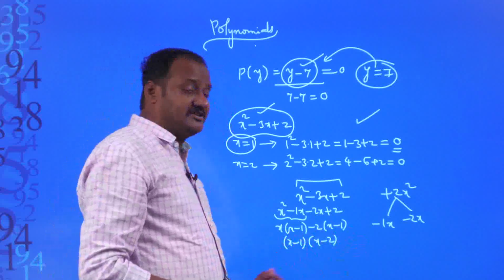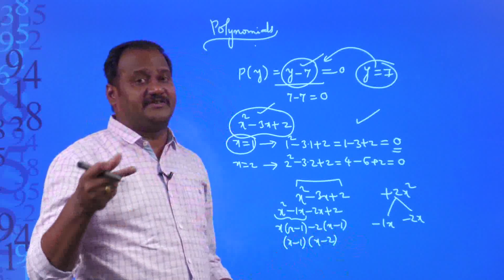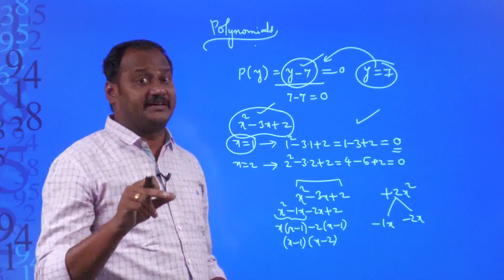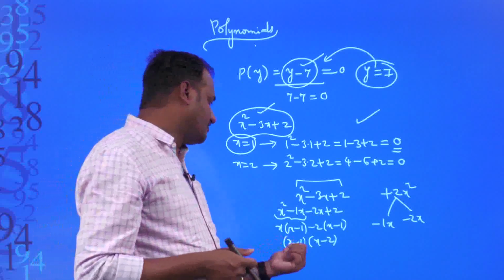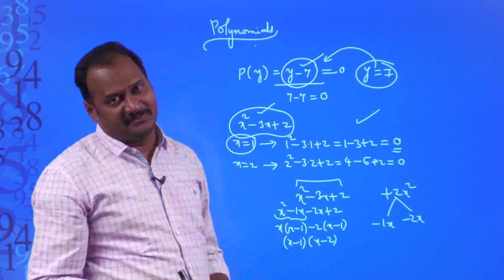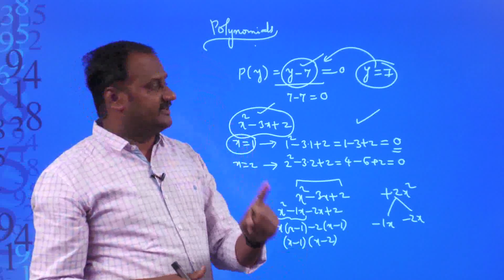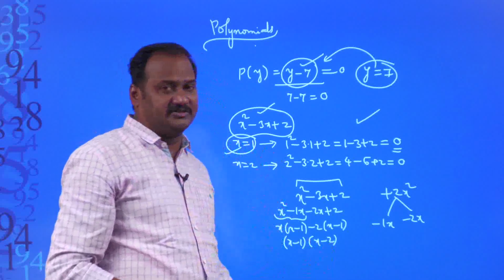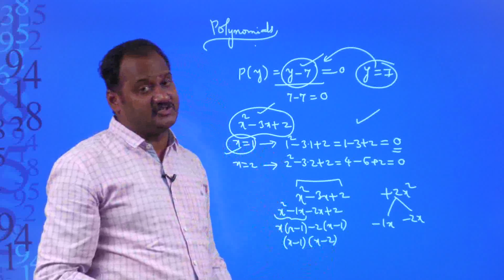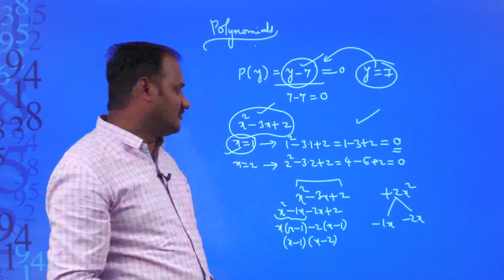So x minus 1 is equal to 0. For what value of x will x minus 1 be 0? You can easily guess that for x is equal to 1, x minus 1 will be 0, right? So x is equal to 1 is one of the zeros. And x minus 2 will be 0 for what value of x? Yes, x is equal to 2.